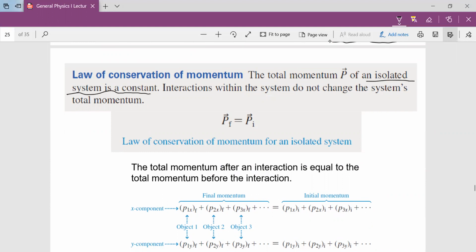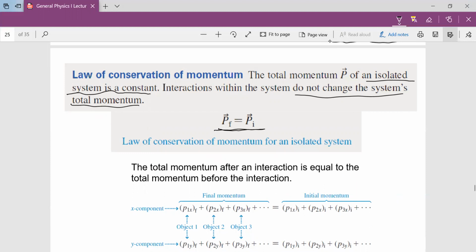A system where the net force, the external force, is 0, no external force. So the interactions within the system do not change the total momentum. Thus, the final momentum is going to be equal to the initial momentum. When this happens, we say there's conservation of momentum.